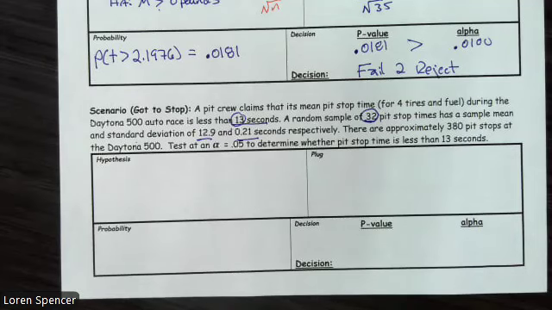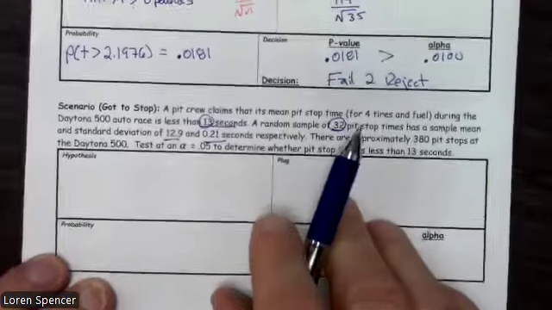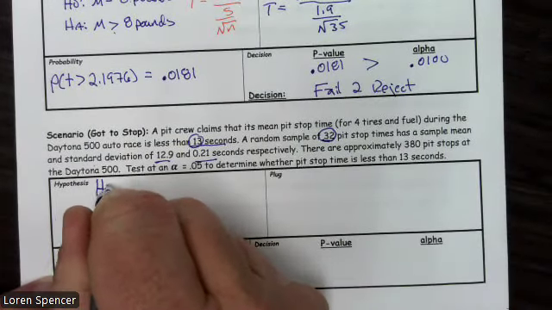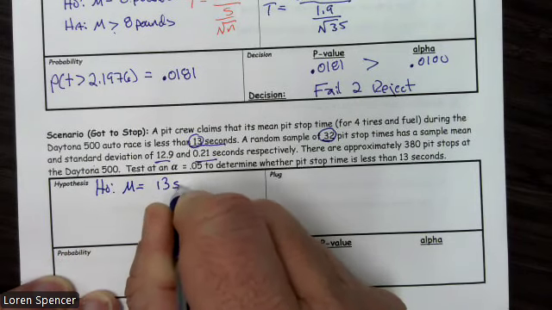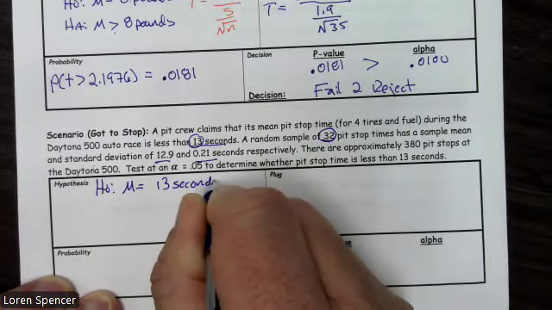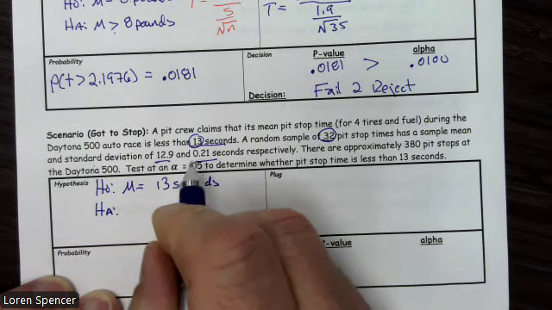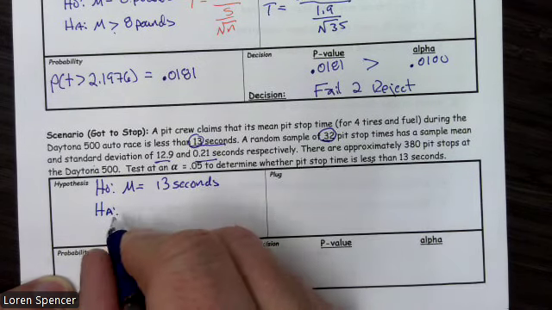All right, so here we go. The hypothesis. Well, the status quo is 13. mu equals 13 seconds. HA, mu is less than 13 seconds.